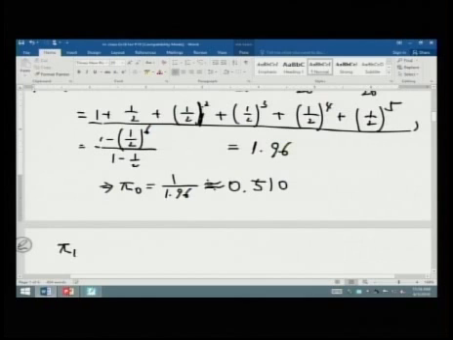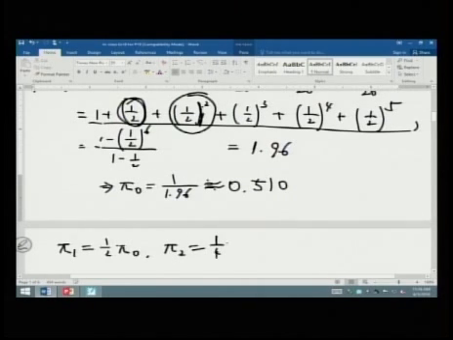So what is pi 1? Pi 1 is this, right? 1/2 times pi 0. What is pi 2? Pi 2 is this, right? 1/4 times pi 0. What is pi 3?